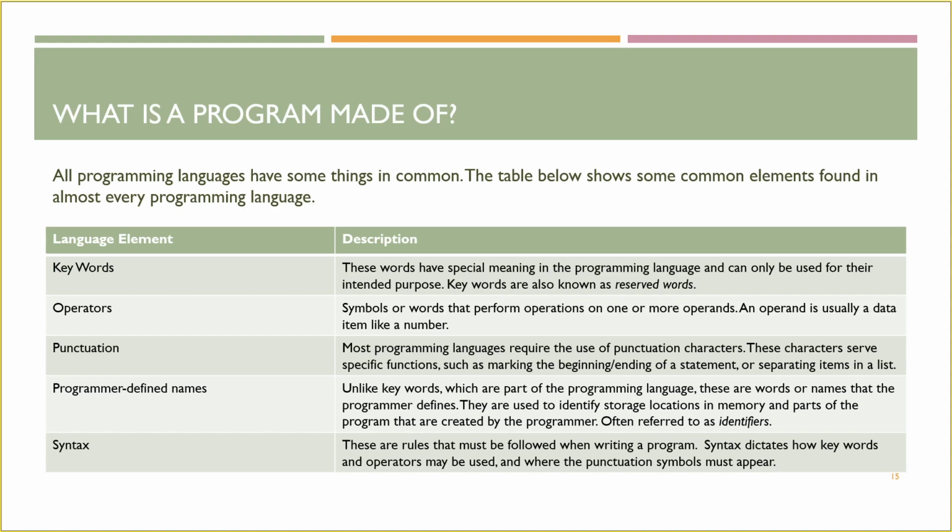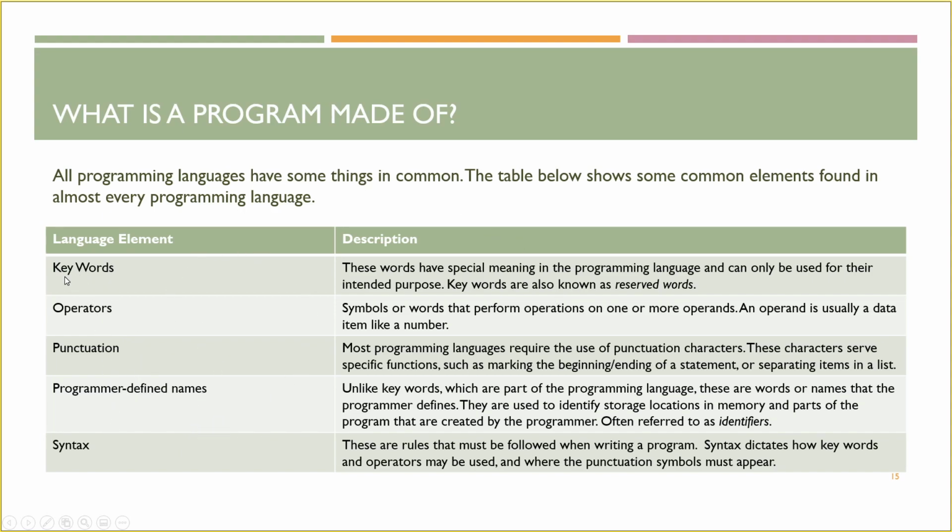They all have some things in common, which is good because it allows you to take one programming language that you know, and maybe it's not so hard to pick up another one down the road because you know these things are going to be similar, right? So this table talks about some common elements found in pretty much every programming language that there is. And these may be different depending on what programming language you're using, but they all have these things.